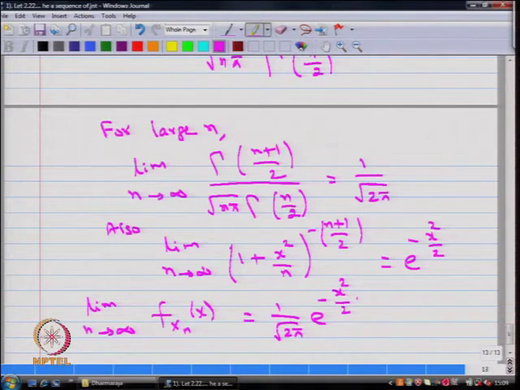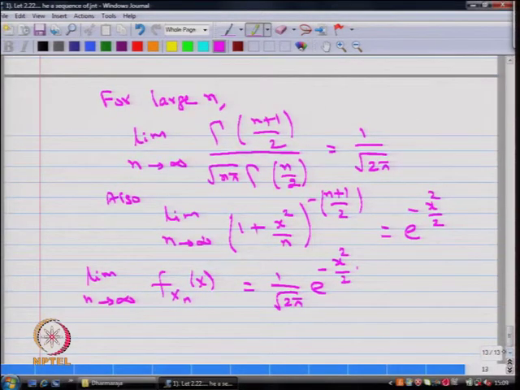Since the right hand side is the probability density function of a standard normal distribution, we conclude for a larger n the sequence of random variables X_1, X_2, X_n and so on tends to the random variable Z, and this convergence takes place in distribution, where Z is standard normal distribution.